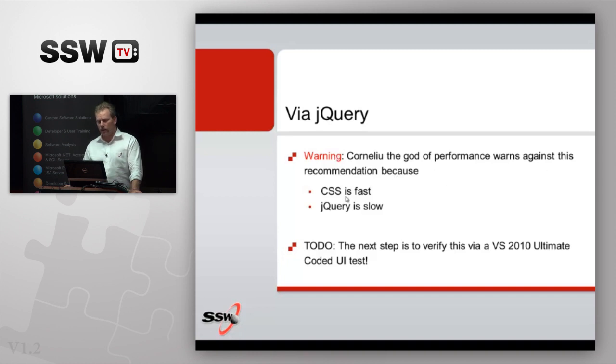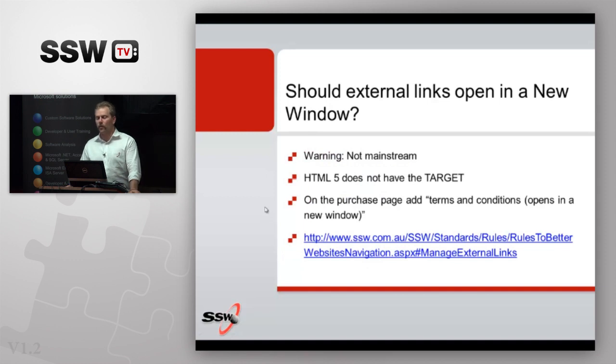He said that he wouldn't use jQuery because it's slow if you've got a lot of links on a page. I need to one day sit down and measure this with a coded UI test or something to see if there's any measurable difference, because it's evaluating it at runtime. I understand it's slow. I just want to know if it's measurably slower. I just have trouble believing it. But anyway, he does know more about it than me, so take that caveat.